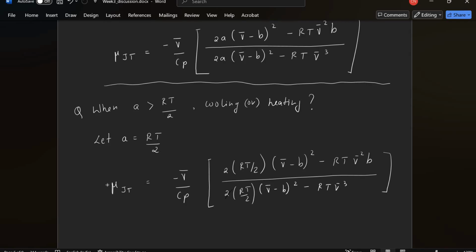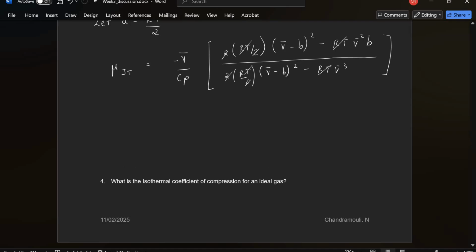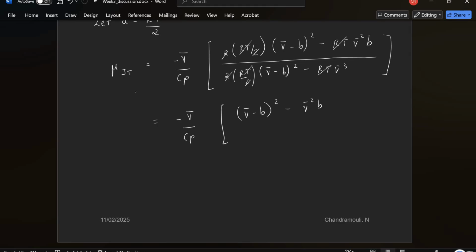Now this 2 will get cancelled, and you have RT common everywhere, so we can just cancel that. We'll be left with minus V bar by Cp, V bar minus B whole square, minus V bar squared B, divided by V bar minus B whole square, minus V bar cubed.